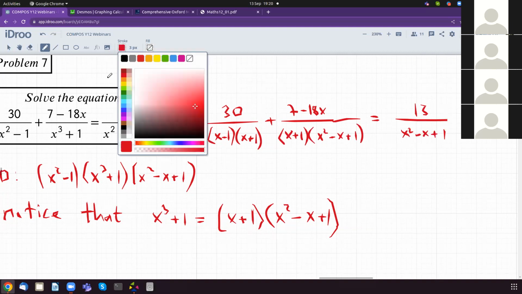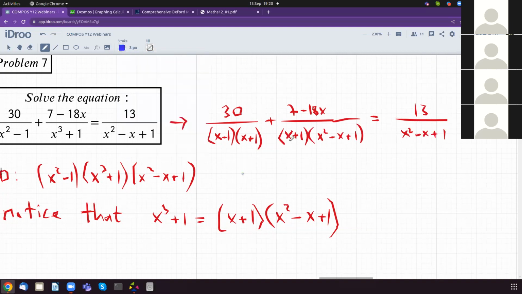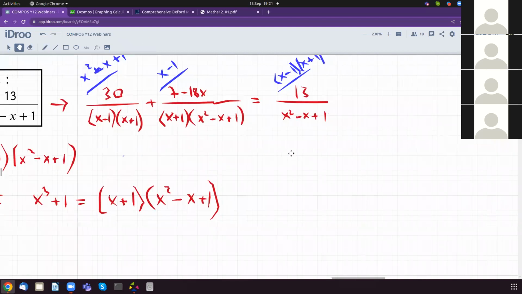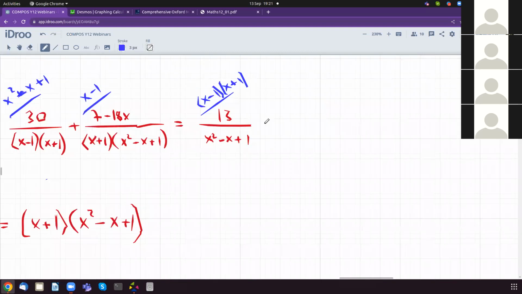You multiply this by x squared minus x plus 1, you multiply this by x minus 1, and you multiply this by x minus 1, x plus 1.